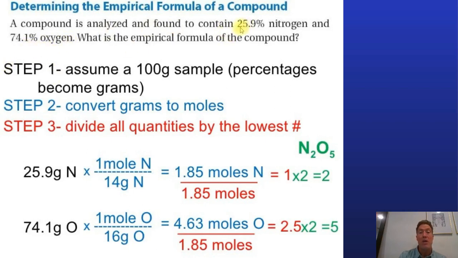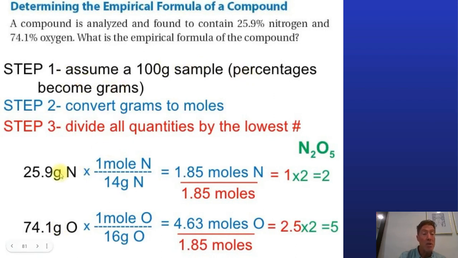All right, so if it's 25.9% nitrogen, then 25.9 grams of nitrogen would be available in a 100-gram sample. So let's just say, okay, let's start with 25.9 grams. So we convert percent to grams, and we're going to start with 74.1 grams in our 100-gram sample. That's oxygen. Okay. So step 1, assume a 100-gram sample. Our percentages turn to grams.